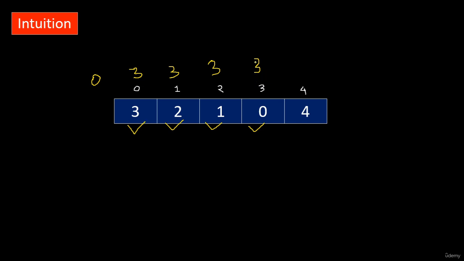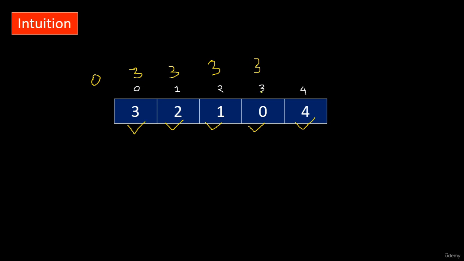So we cannot go beyond 3 because reachable is 3 here. We cannot go out of index 3. If we want to move to this element, we can't. Why is that? Because at this point reachable is 3. We can reach at most index 3, and we are stuck here.